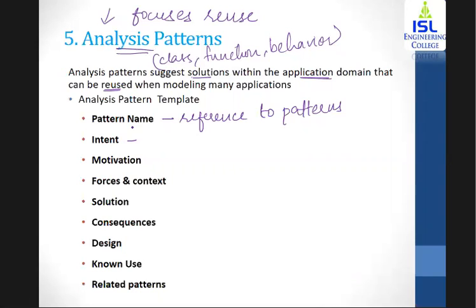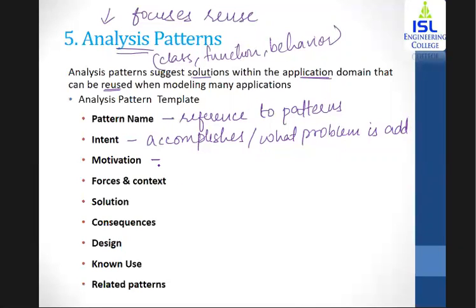Then the next one is intent. Intent describes what this pattern actually accomplishes. What it accomplishes, or what problem is addressed, can be identified.